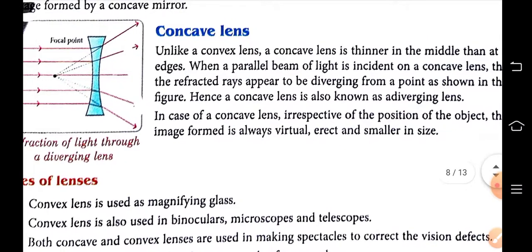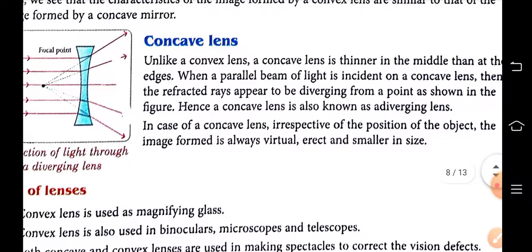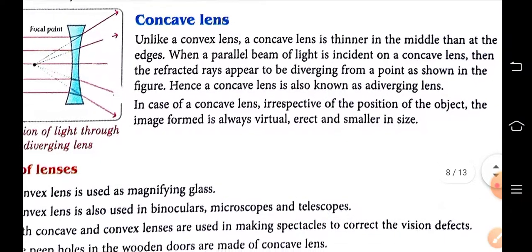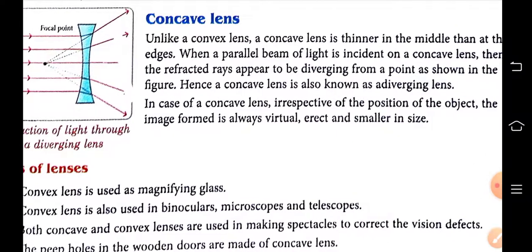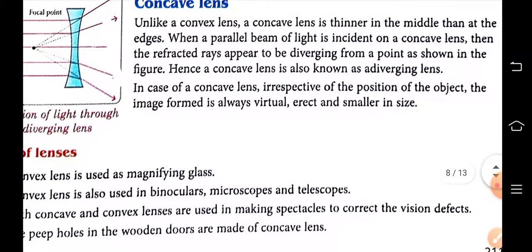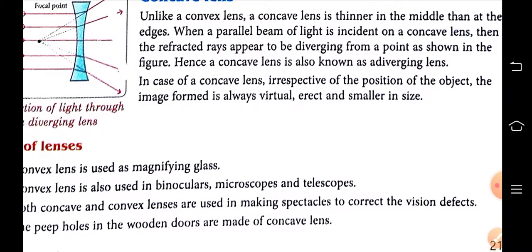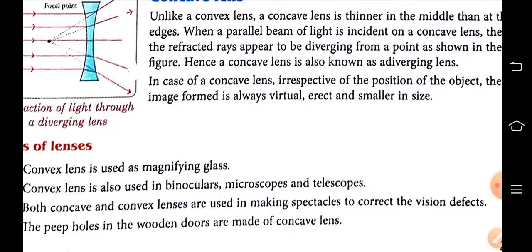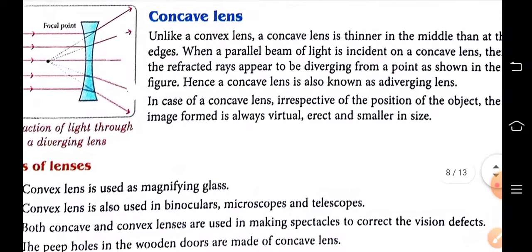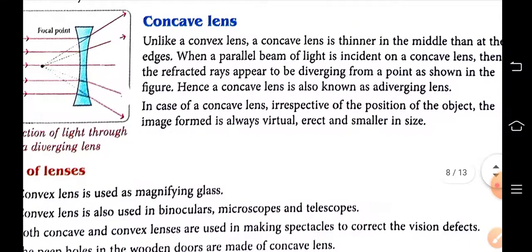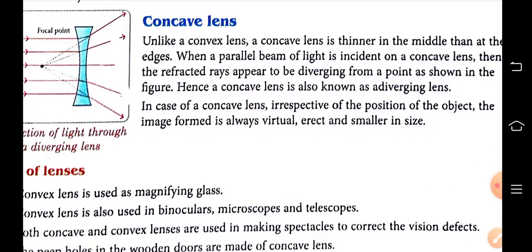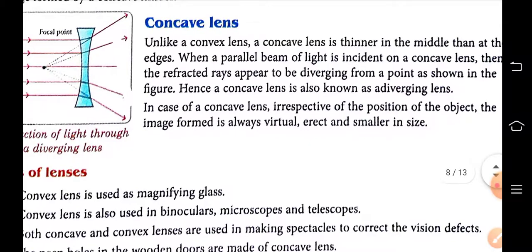So convex lens is converging lens and concave lens is diverging lens. In case of a concave lens, irrespective of the position of the object, the image formed is always virtual, erect and smaller in size.